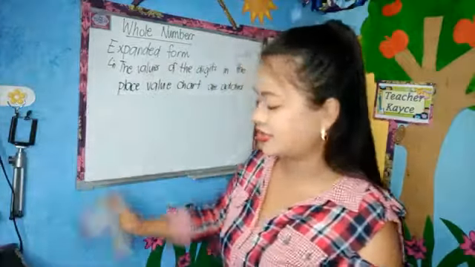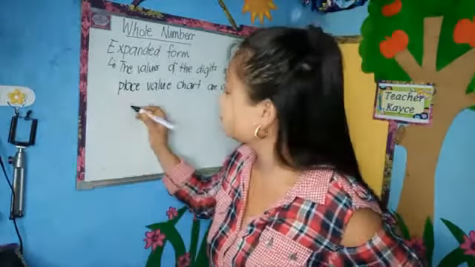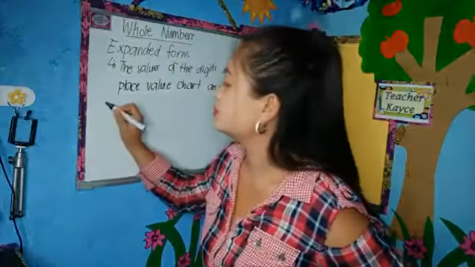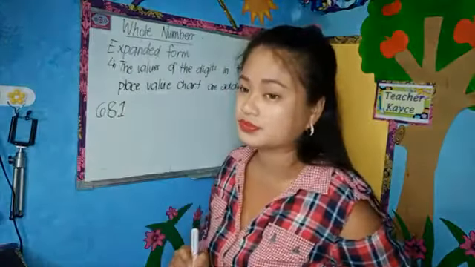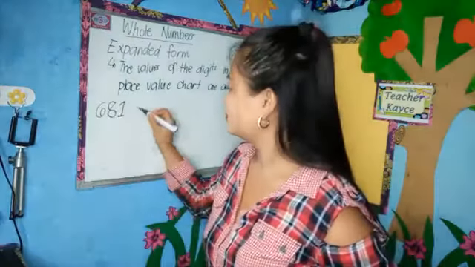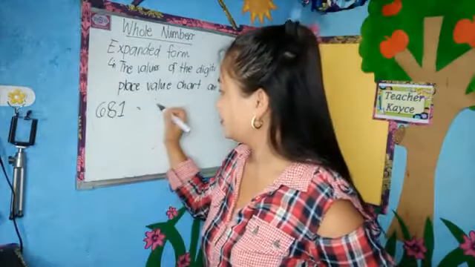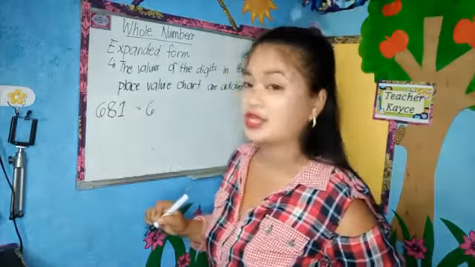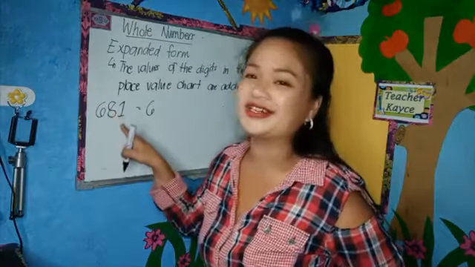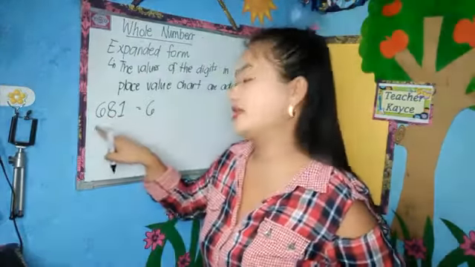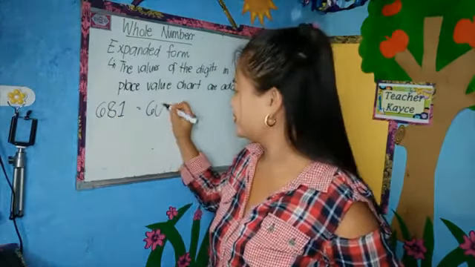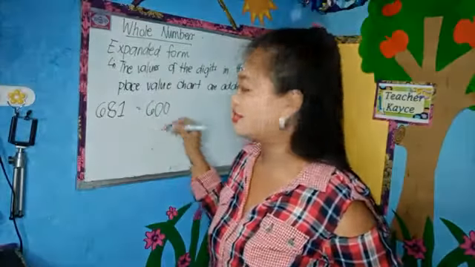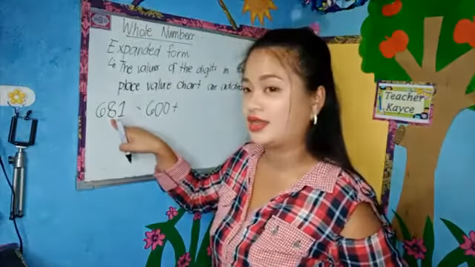Let's have another example. We have 681. Expand them. You have your 6. How many zeros? You can count here. You can base here. How many zeros? 6, then 2 zeros. So that is your 600 plus 8.